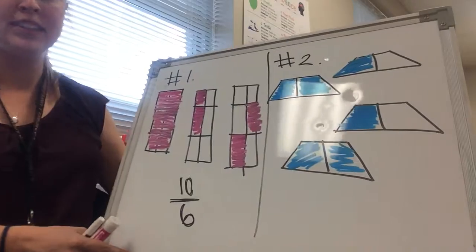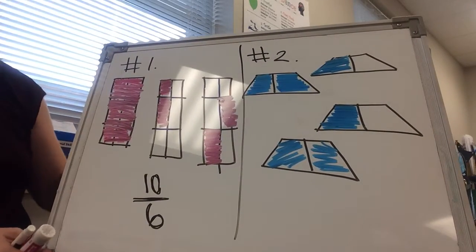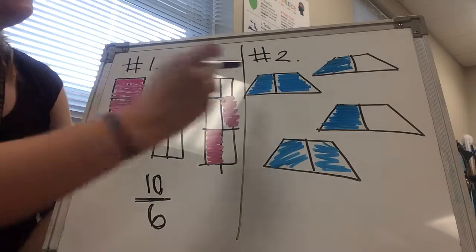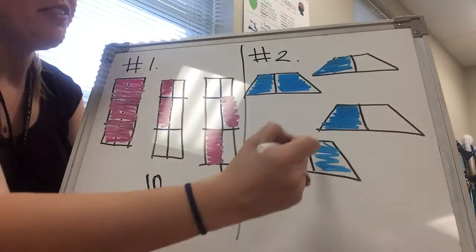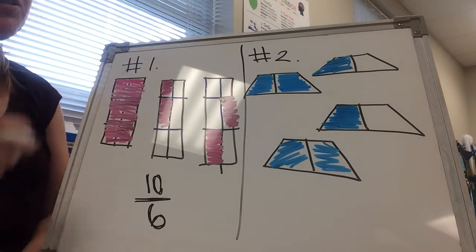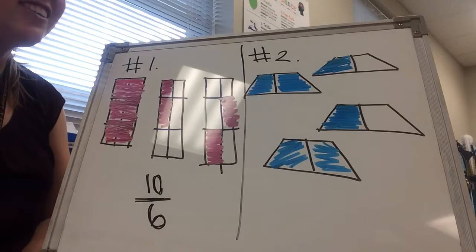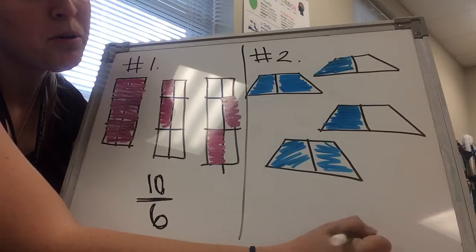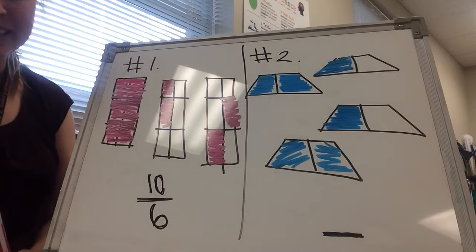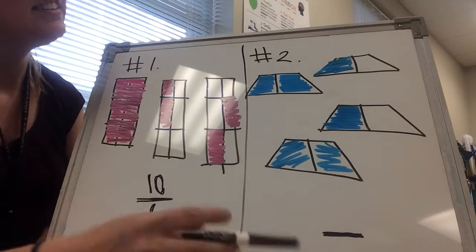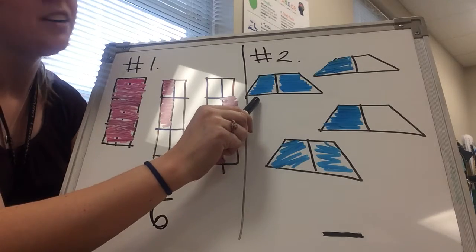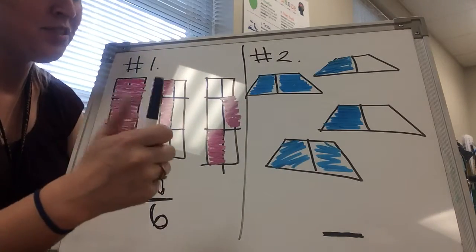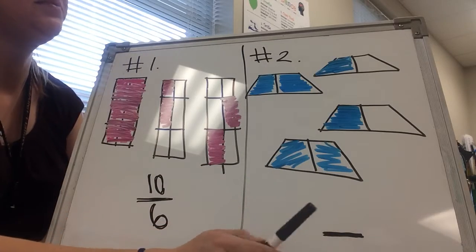All right, so let's look at the second one. Let's see what happens when we change the denominator, if it's the same idea. I have a bunch of trapezoids drawn for number 2. Remember, like I said for number 1, I always like to start with trying to figure out my denominator, the total number of pieces that each shape is broken up into. Here's my first trapezoid. It's broken into 1, 2 pieces. So far it's looking like my denominator is going to be 2.